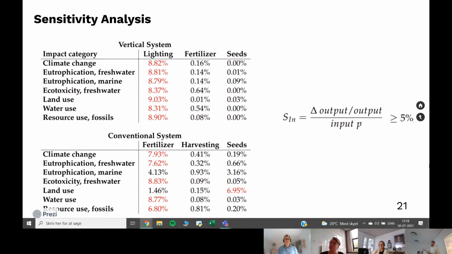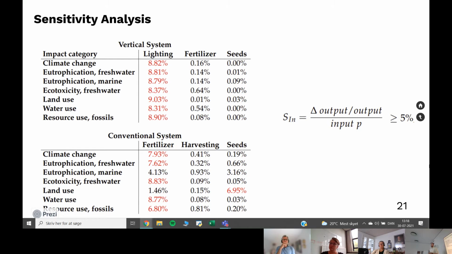And then I compared the change in result to the original baseline system. And if the change was greater than 5%, I would say, okay, this process is sensitive to uncertainty for that impact category. And for the vertical system, you can see that it's all sensitive for the lighting process. And for the conventional system, 5 out of 7 impact categories are sensitive for the fertilizer.